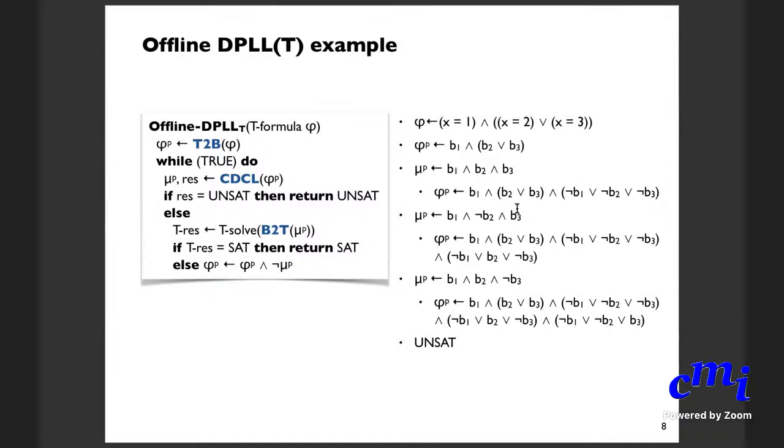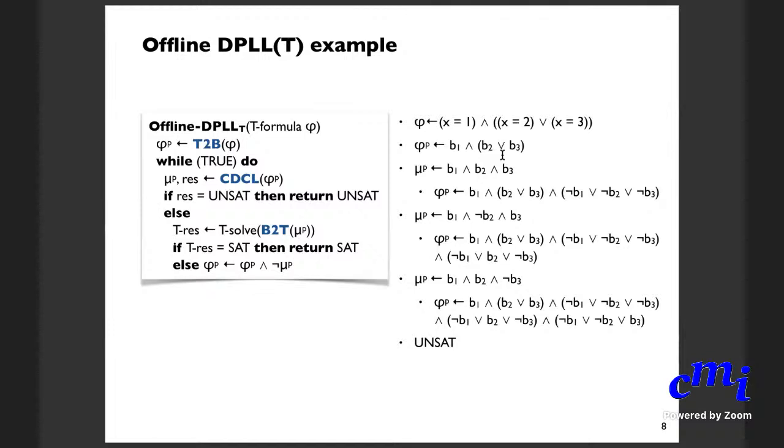So what is that integrated approach? See, there are several things happening here. One is that you are getting the full assignment to your propositional structure and checking it. Often a partial assignment may not be good enough to satisfy the formula.